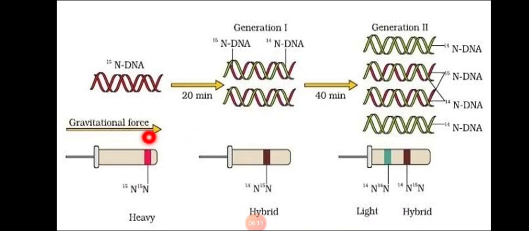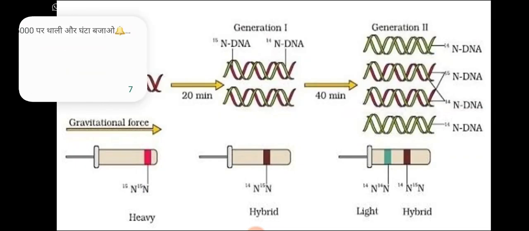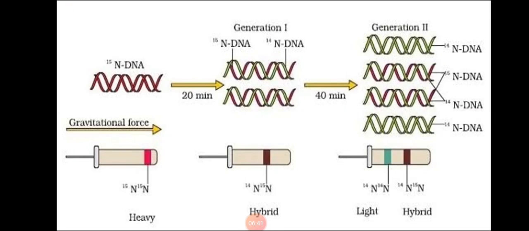With only N15, the band was at the bottom, and when the hybrid was obtained, the band was in the middle. After the first replication, two DNA molecules were formed, in which one strand was the old strand and the other strand is newly constructed. So this indicates that the replication is semi-conservative.